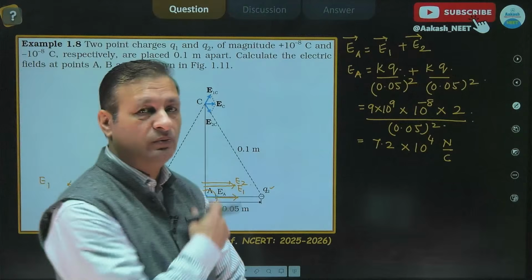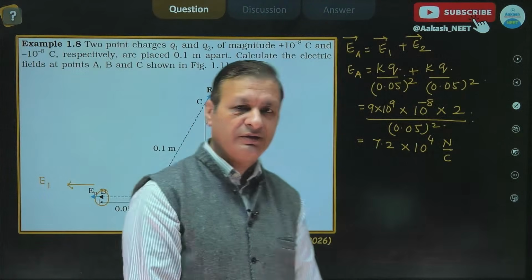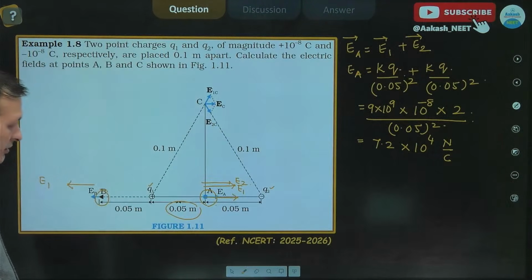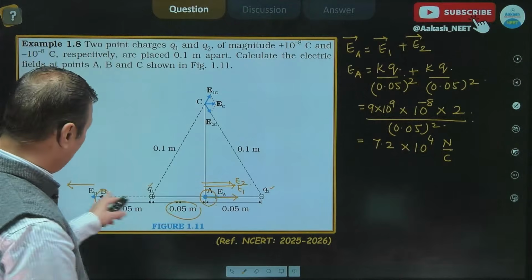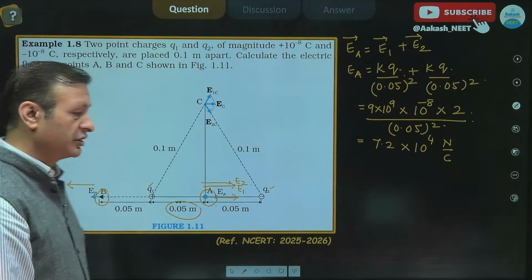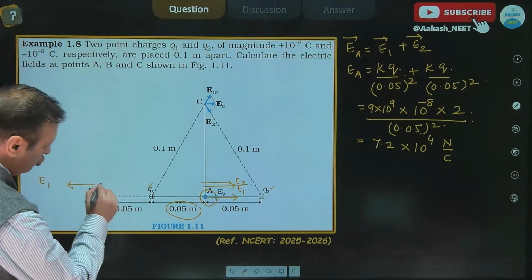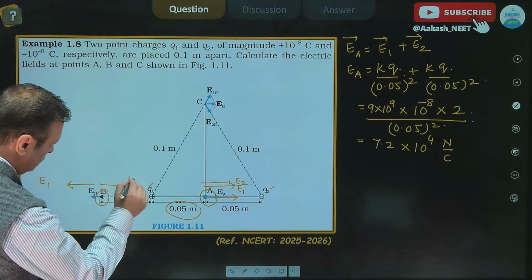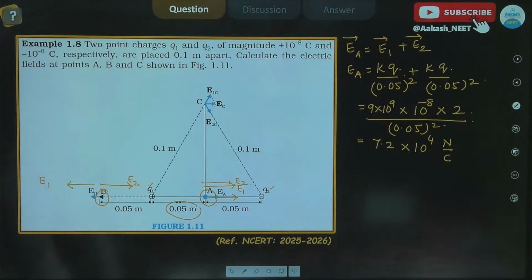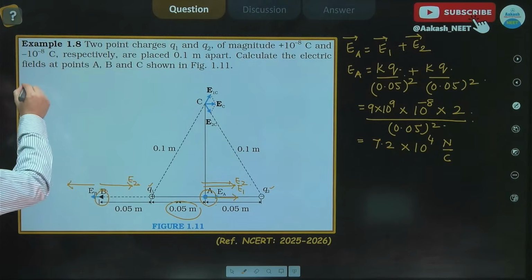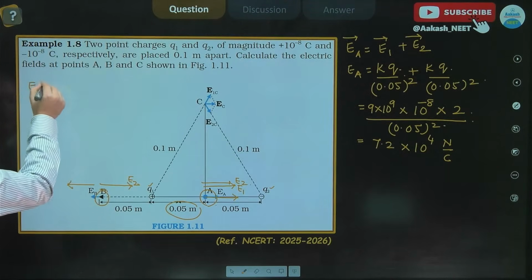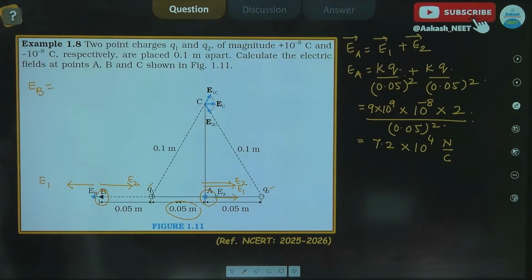So this is E1. Got it? And electric field at point B due to negative charge Q2 is towards the charge. So this is E2. Got it?